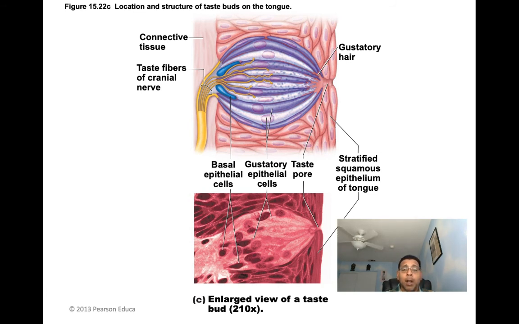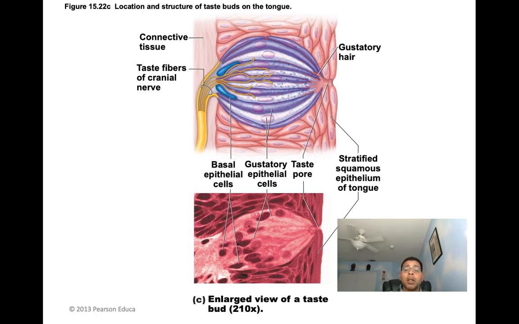These cells have long microvilli, you can appreciate right here at the end, called gustatory hairs, which project from the tips of these cells and extend through a taste pore to the surface of the epithelium, where they're going to be bathed by saliva. The gustatory hairs are the sensitive portions. That's the receptor membrane for these gustatory epithelial cells.